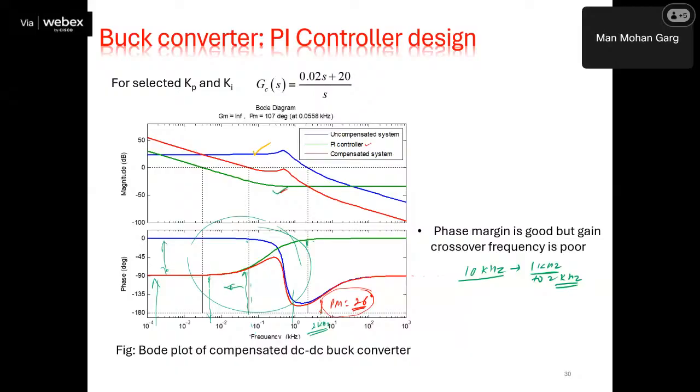It is 10 raised to power 2, which is 100 hertz. So below 100, if I go, my system will be sluggish. Beyond 100, if I go, my system does not allow me to have more phase margin. So we have to choose some optimum value.